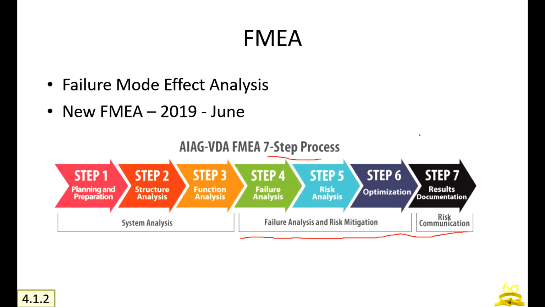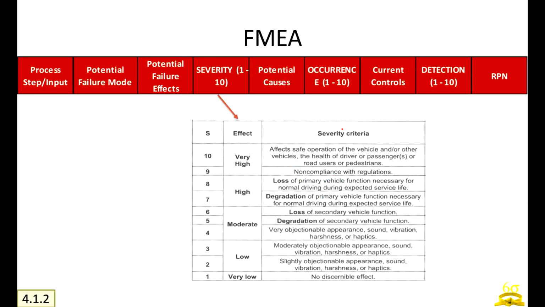These were already there, but this was not in terms of the Six Sigma body of knowledge. Now we can think again and add all this. Even ASQ has not added all these things till now in the latest body of knowledge. So let's wait for it, but till then let's understand what the old FMEA is, right? The new FMEA came into practice from June 2019, but it is still not implemented everywhere.